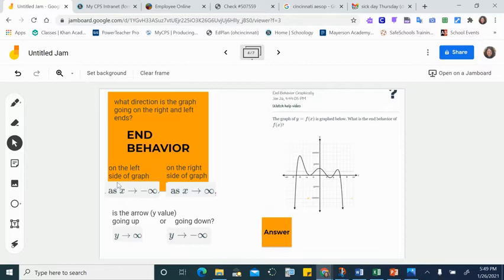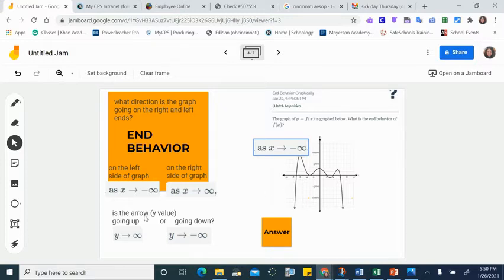On the left side of the graph, the way that we say that is we say that x approaches negative infinity. As x approaches negative infinity, that's the left side of this graph, right? As we follow this and we go to the left side, that's closer to negative infinity on x. And then the question is, what's the y doing?